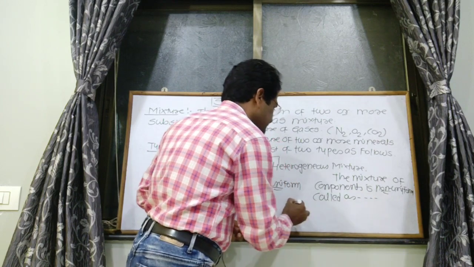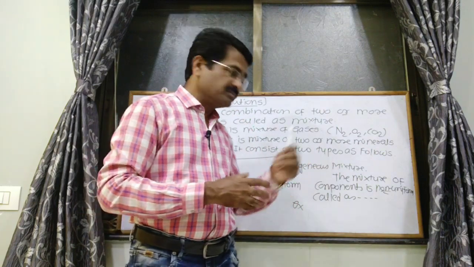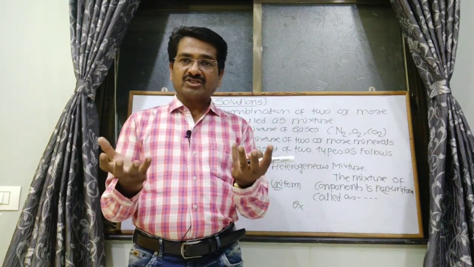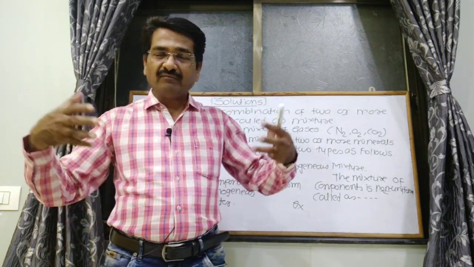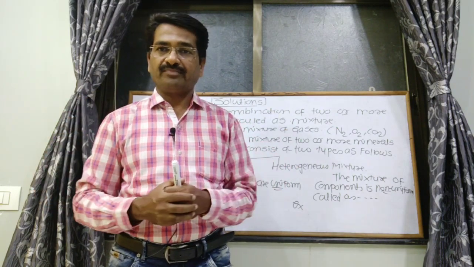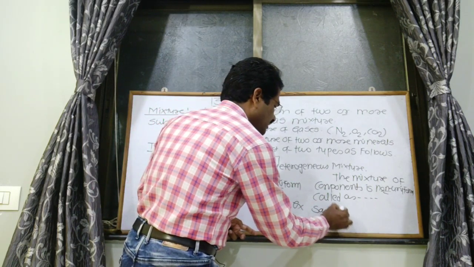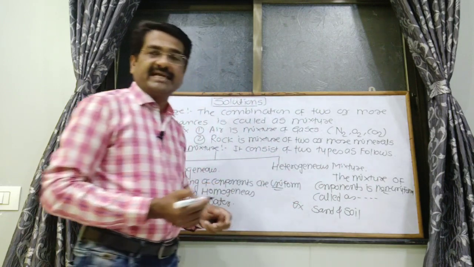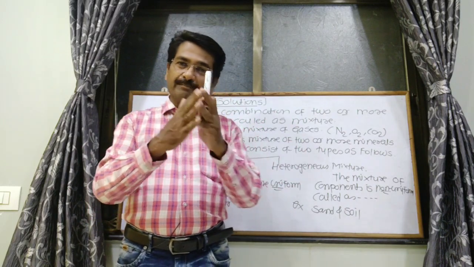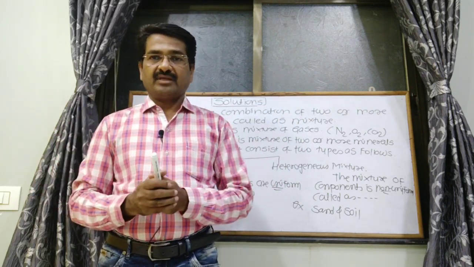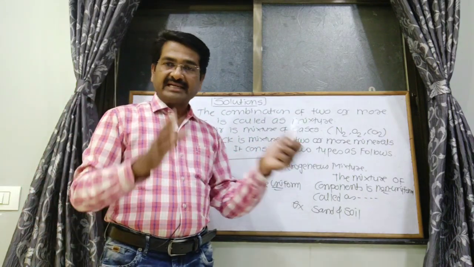A very simple example of a heterogeneous mixture: when sand and soil are mixed together, they do not mix with each other. That is non-uniform. So a sand and soil mixture is a heterogeneous mixture. In this way, we can separate mixtures into two types, homogeneous and heterogeneous. Can you understand?